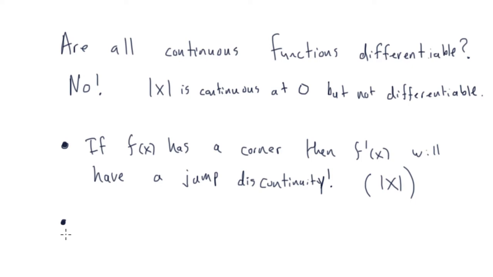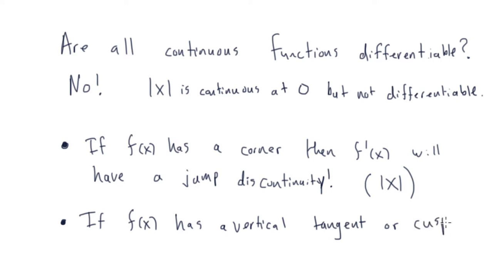Okay, and then also, if f of x has a vertical tangent or a cusp, then what can we say about the derivative function? Then f prime of x has a vertical asymptote.